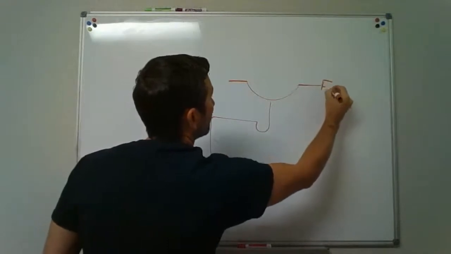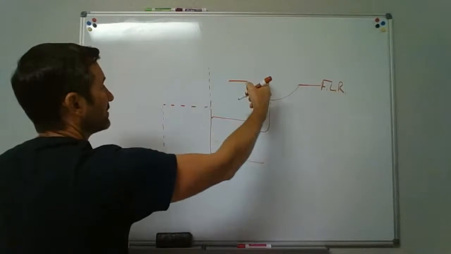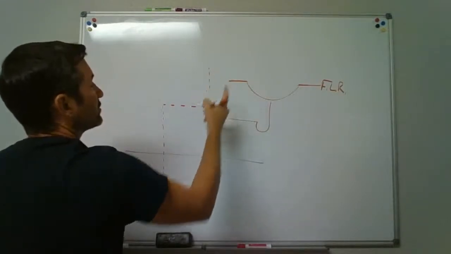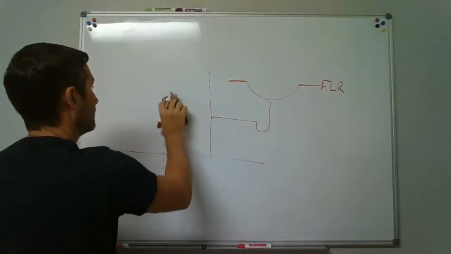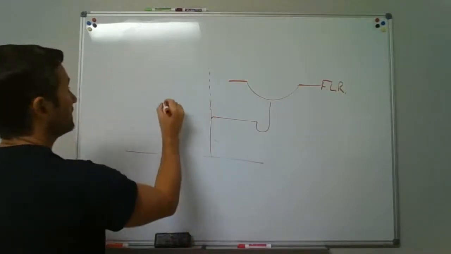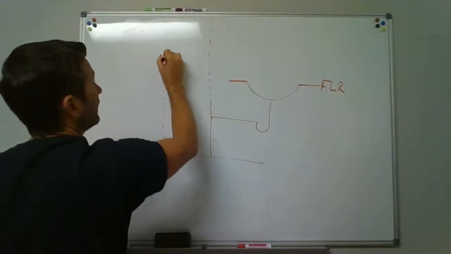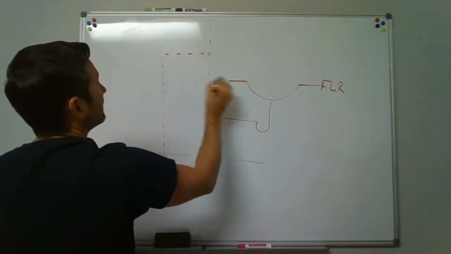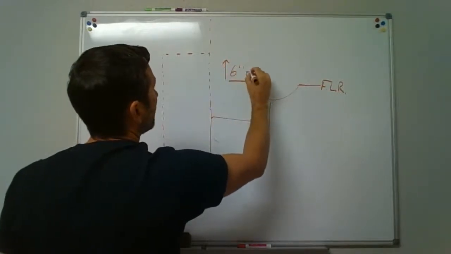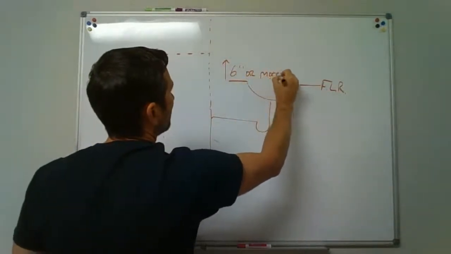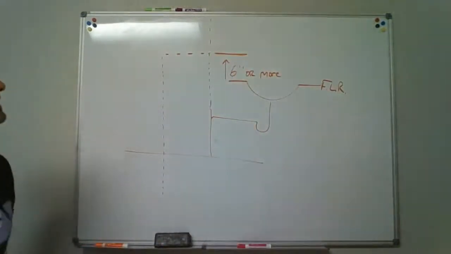But here's the flood level rim. This vent is serving this fixture. So in order to make this tie in, we need this vent to rise and to make its connection at least 6 inches or more to where that ties in.